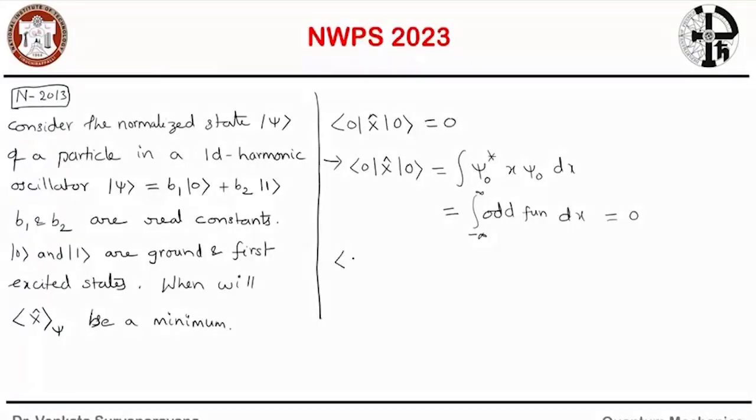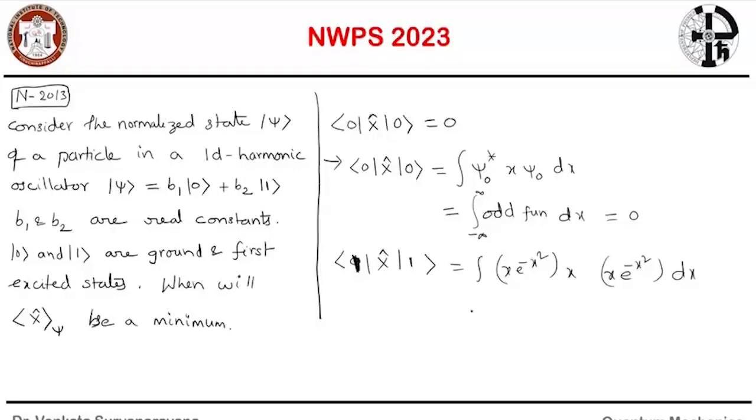Similarly, you can show the same for the first excited state. How do you do this? Roughly, the first excited state is x times the Gaussian, apart from the constants. So you integrate it.